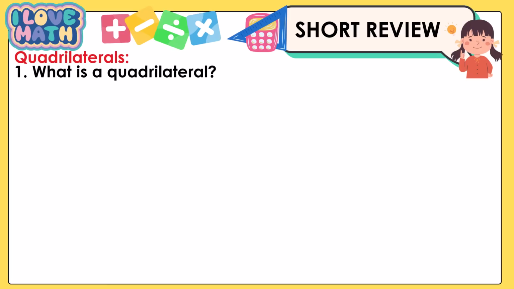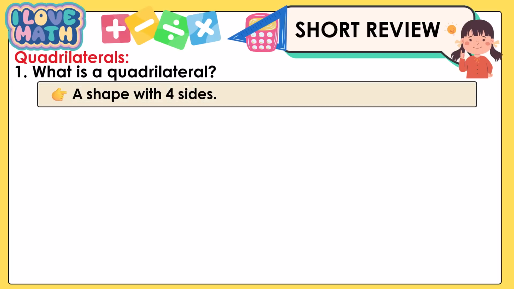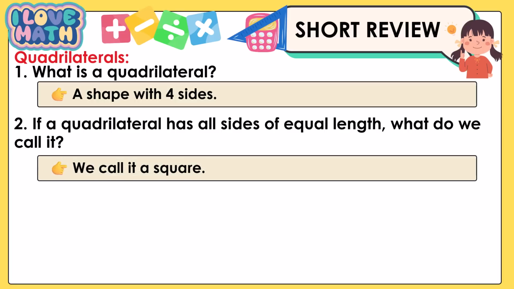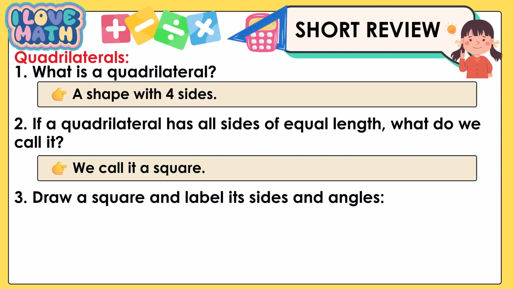Quadrilaterals. Number 1. What is a quadrilateral? Answer: a shape with 4 sides. Number 2. If a quadrilateral has all sides of equal length, what do we call it? Answer: we call it a square. Number 3.